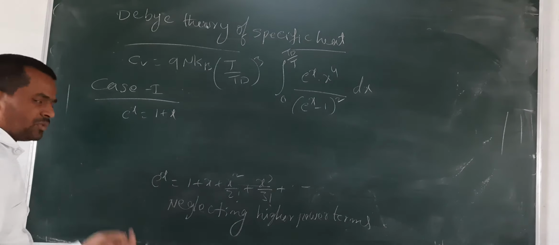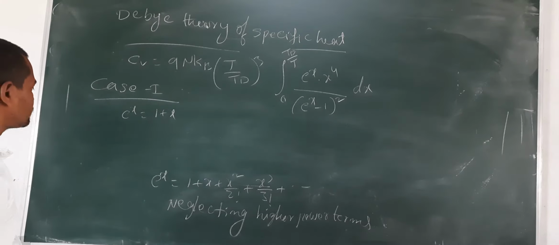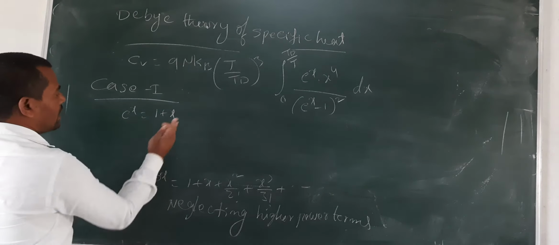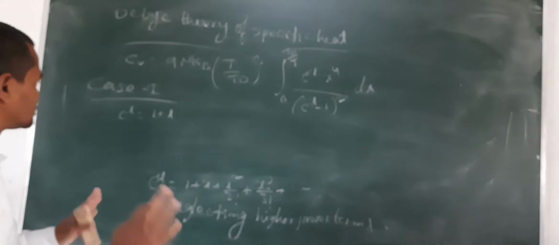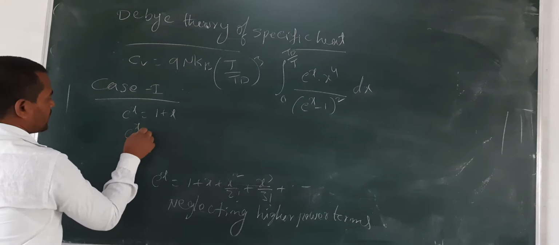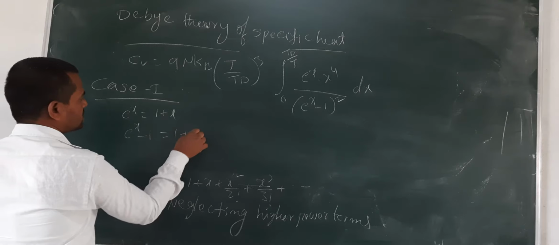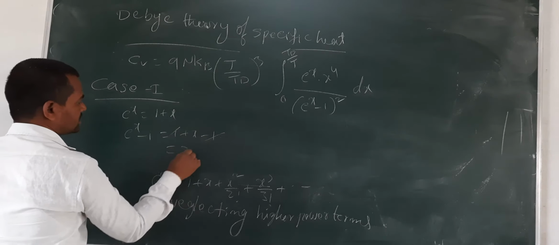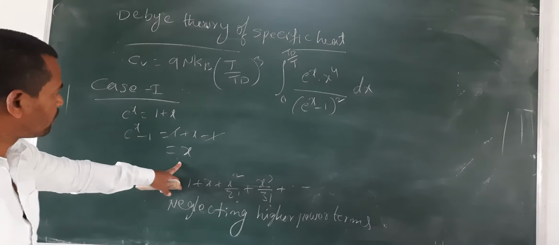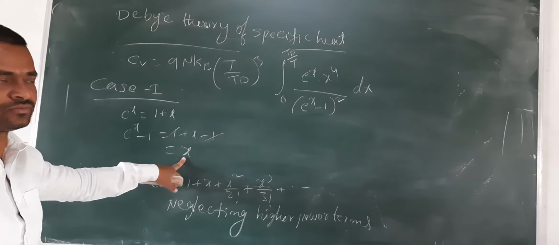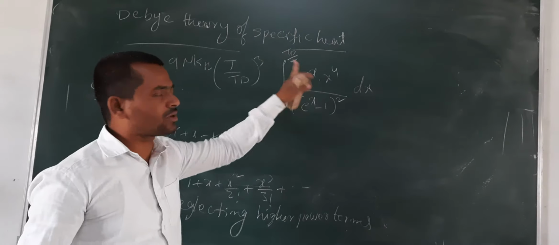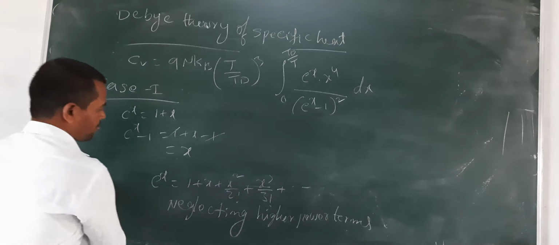So x is small, as we just learned. Now subtract 1 on either side: e power x minus 1 equals x, since 1 minus 1 gets cancelled. In the place of this term, simply substitute x.